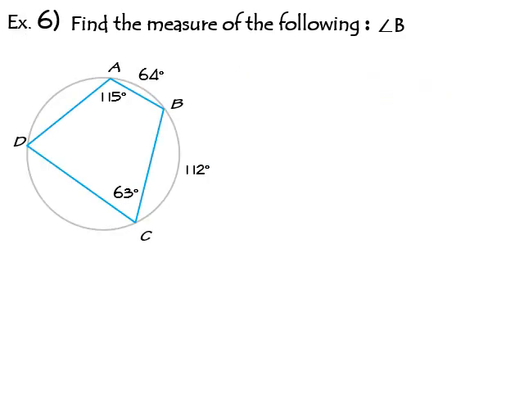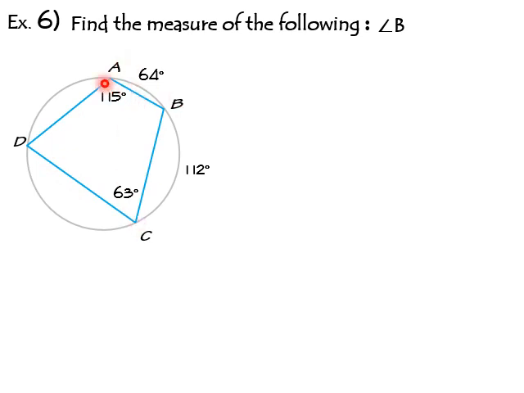Now finally, let's take a look at example 6. Example 6 says find the measure of angle B. This is a little bit more complicated, so let's take a look at what we have. We have a circle and a quadrilateral inside of a circle.